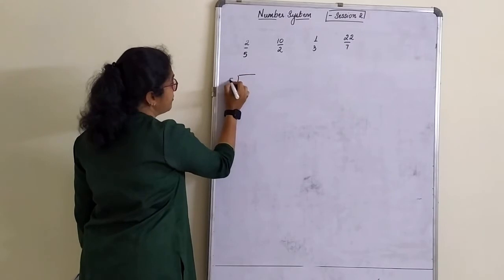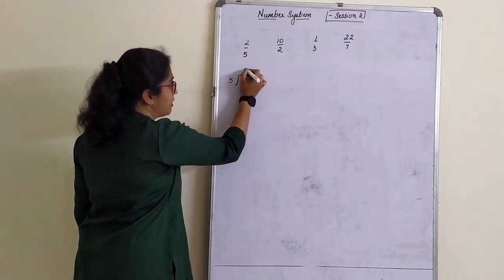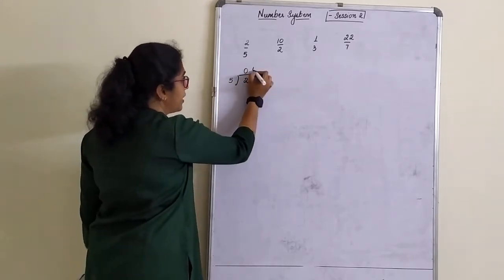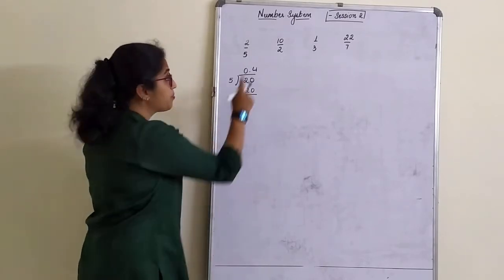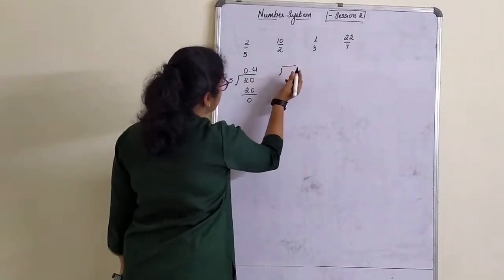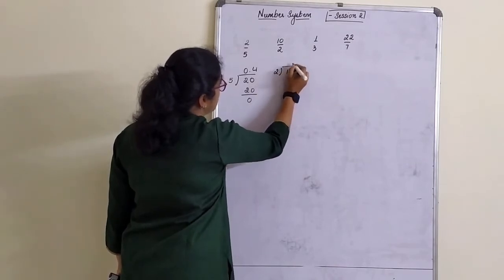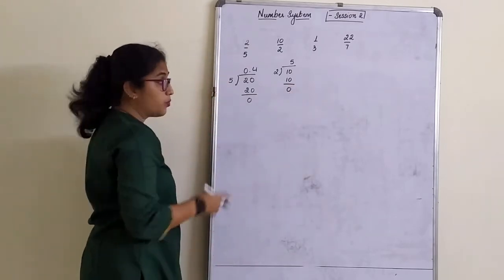So 2 by 5: 5 here, 2 here. I cannot divide it further, so I'll take a 0, a decimal and a 0 here. 5 4s are 20, remainder is 0. In the second case, it is directly divisible. 2 5s are 10, answer is 0.